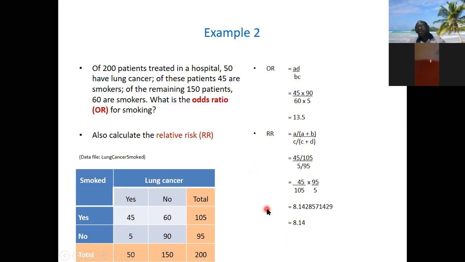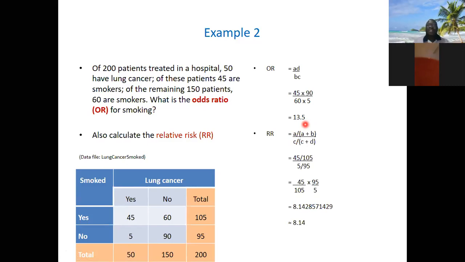In a workshop we try to demonstrate this, and you have a lot of time to write, explain and demonstrate it. So the odds ratio is 13.5. What it is telling you is that people that smoke are 13.5 times more likely to develop lung cancer.